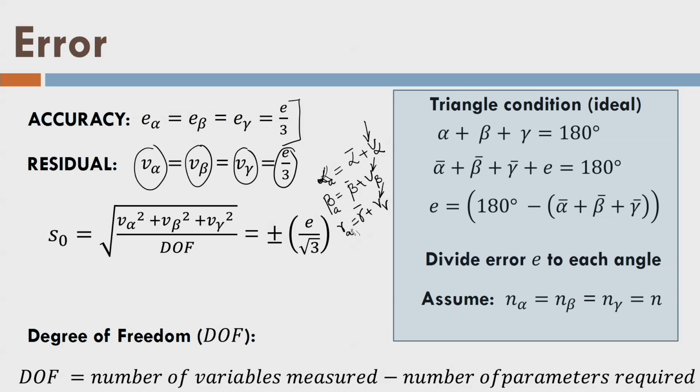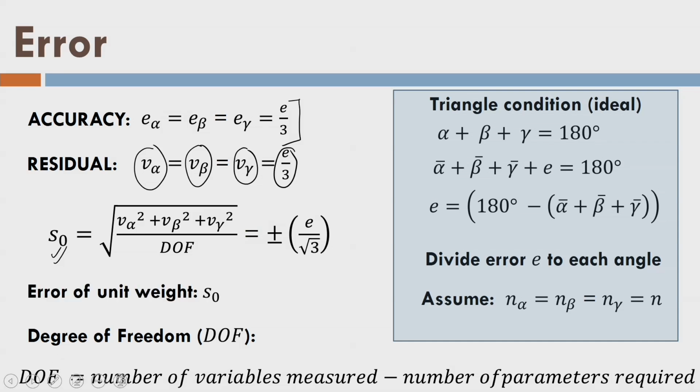In this particular case, we will get E by root 3, and this is called the standard error of unit weight. Remember, we have different weights of the observation in basic surveying. So now I am saying, let us say there is a weight equal to 1, and what is the corresponding error to that? It is this error, and we call it the error of unit weight. This is called H0 here, and it is a calculated value, that's why I am writing H0.